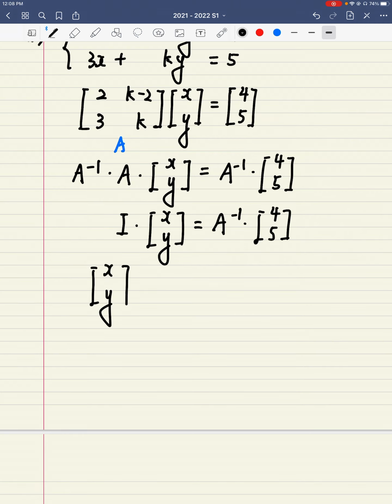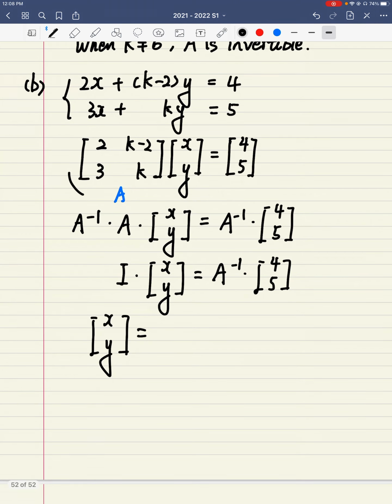What about A inverse? We already know A, so we can apply the formula.